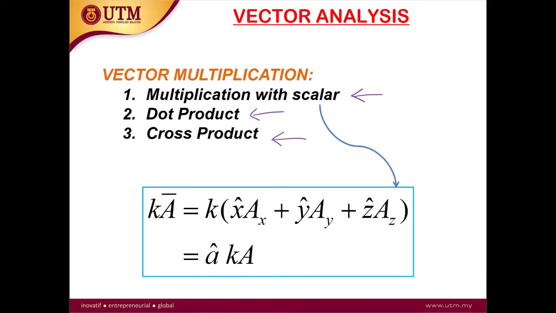Let's say I want to multiply k, which is a value, with the vector A. If A is equal to Ax ax plus Ay ay plus Az az, then if we want to multiply by k, we can just multiply each component.